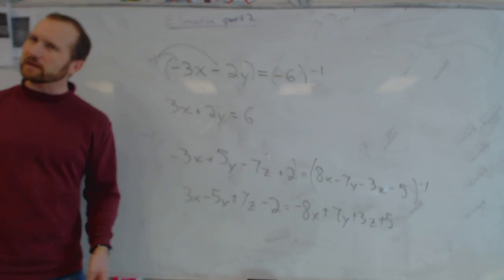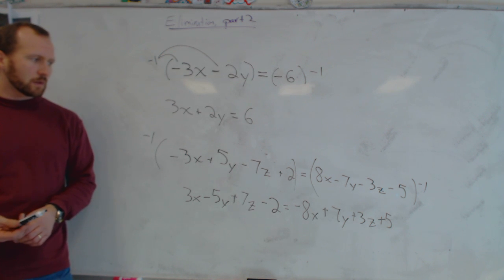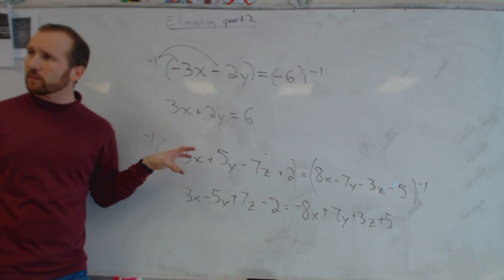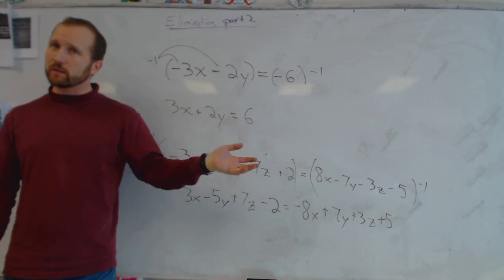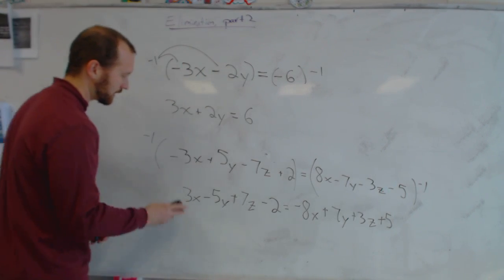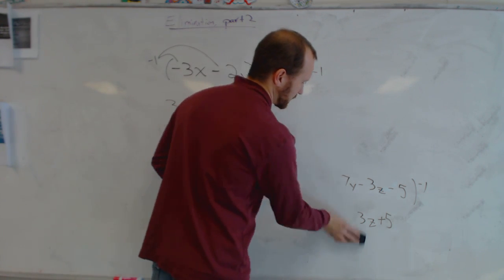So we're just switching signs. This is actually a really useful trick to know about, because if you have a problem with a whole bunch of negatives, you can get rid of most of them by multiplying by negative 1. But the reason that we're going to look at this trick is for systems.